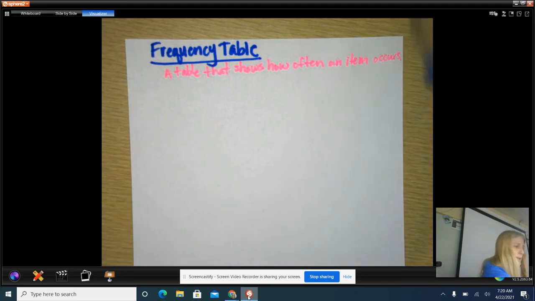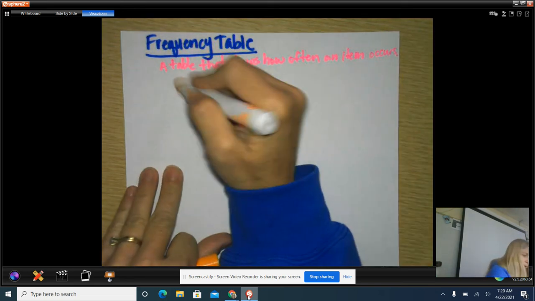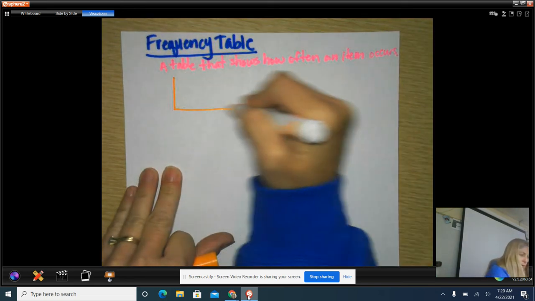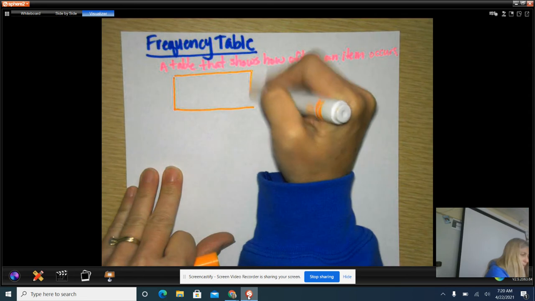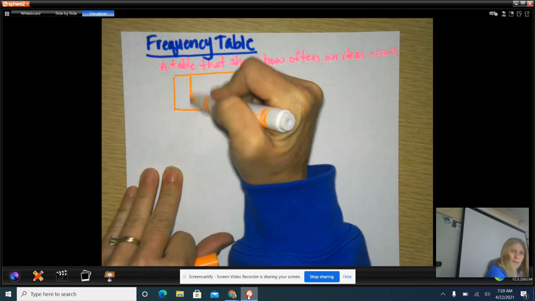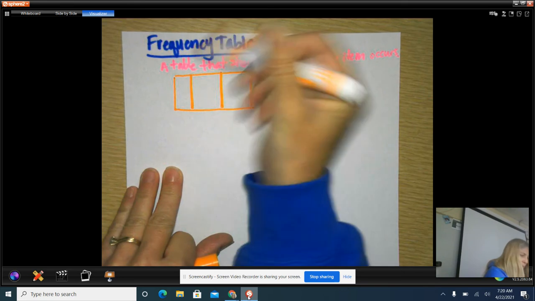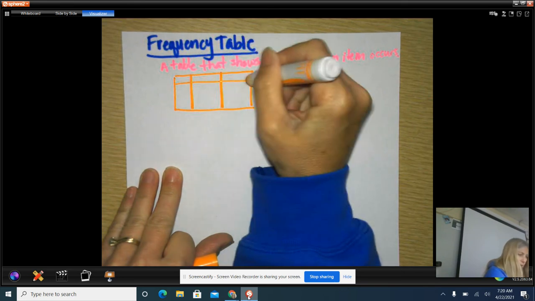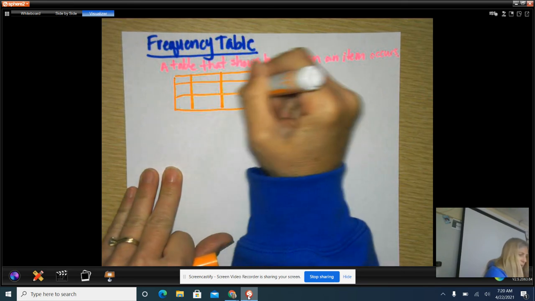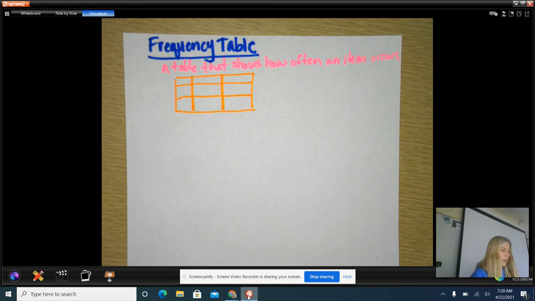So we're going to take a look at some data. We're going to make a table. We're going to have kind of a thin column, and we're going to split the remaining into two. We're going to have kind of a title area, and then we're going to split what's remaining in two as well. Okay.